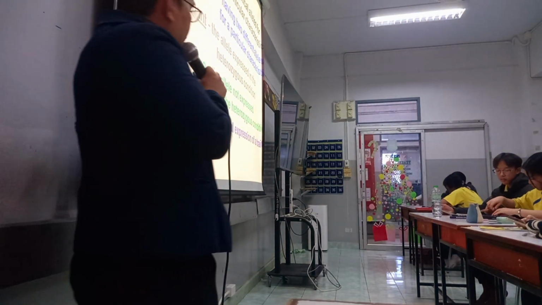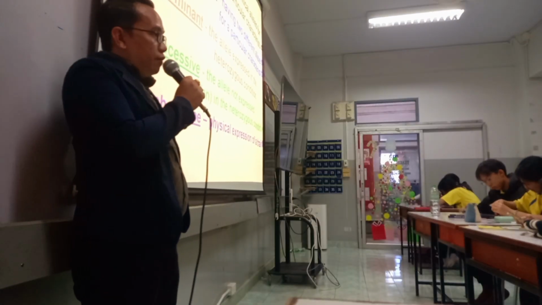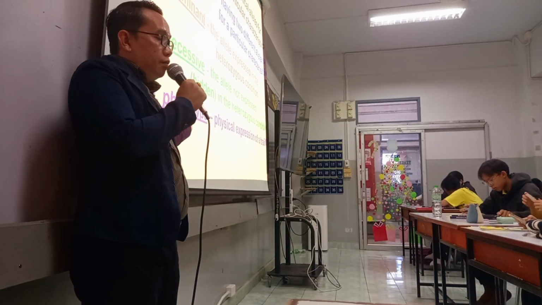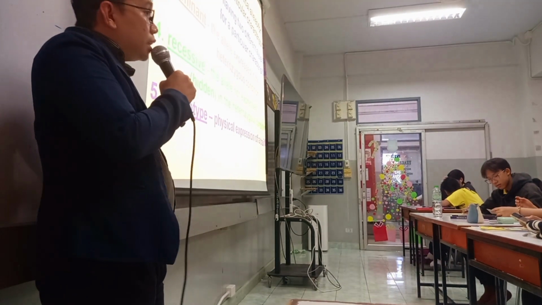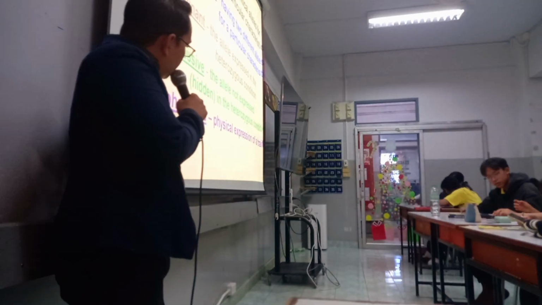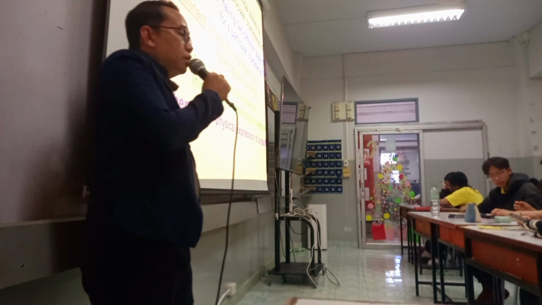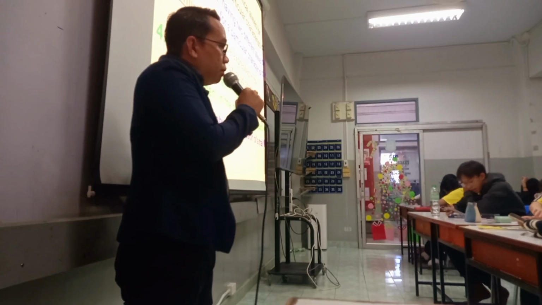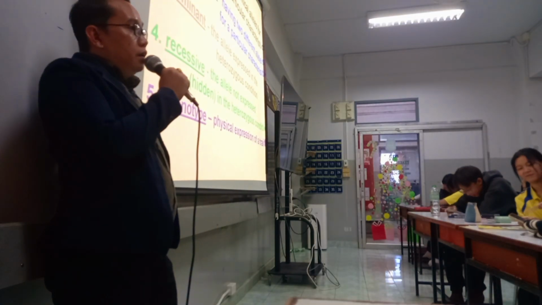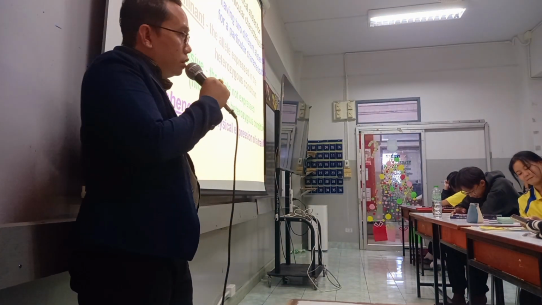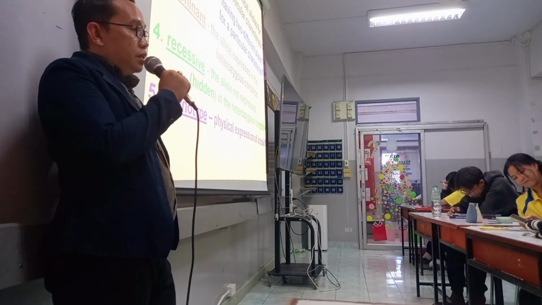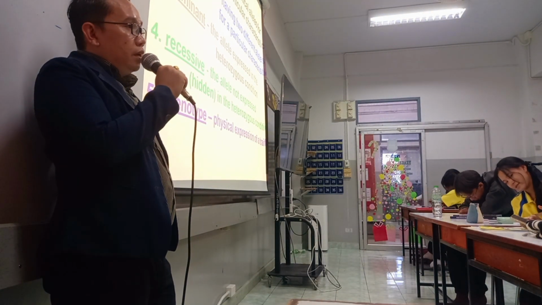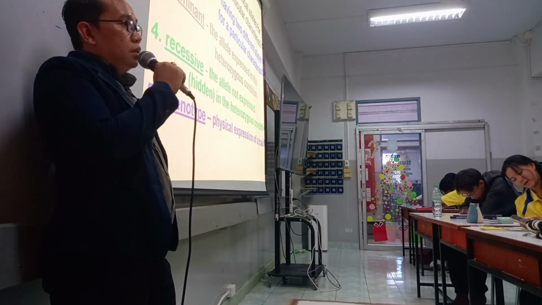Next one, please familiarize yourself with phenotype. The word phenotype means the physical expression of a trait. Traits are the visible characteristics or physical appearance that are present in every organism, animal, human, or plant.